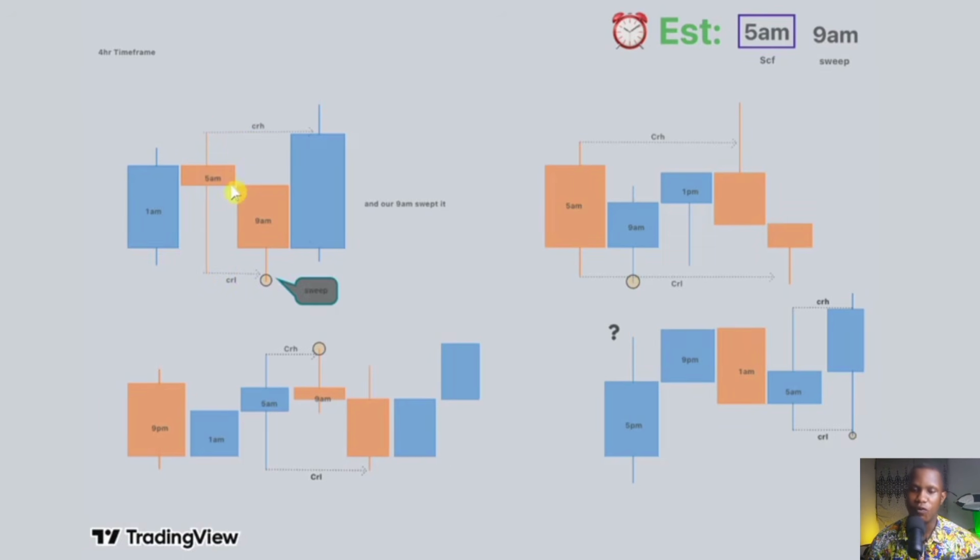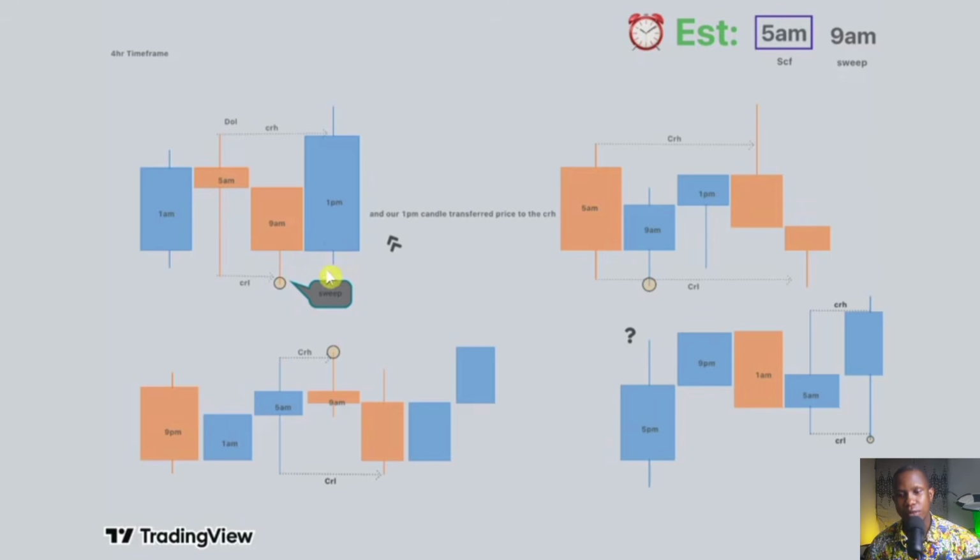So we move 5, 6, 7, 8. The next candle will be formed by 9 a.m. The 9 a.m. candle was the one that swept this candle range low, which immediately delivered the 1 p.m. candle for our candle delivered price to this candle range high draw on liquidity.